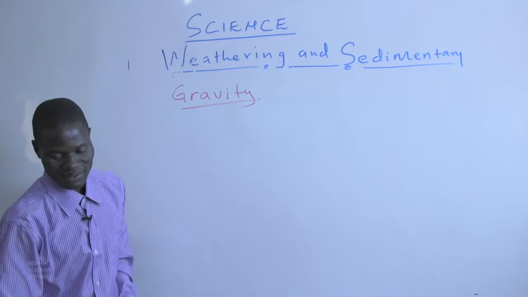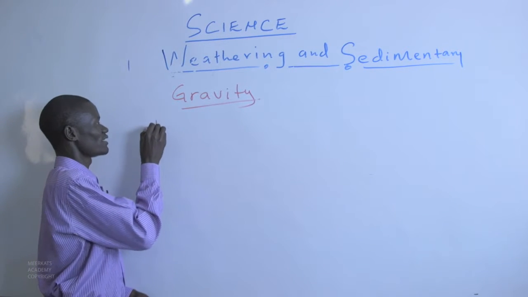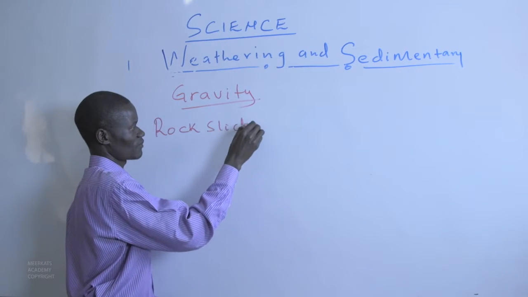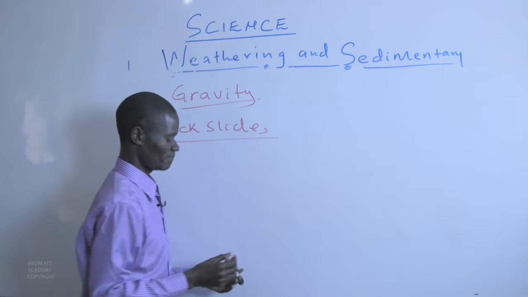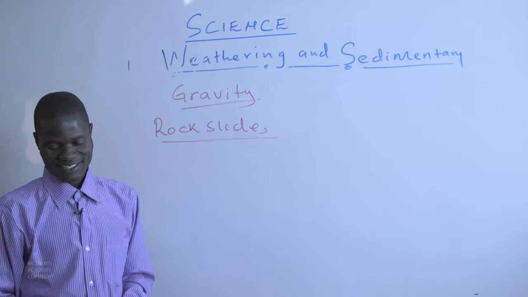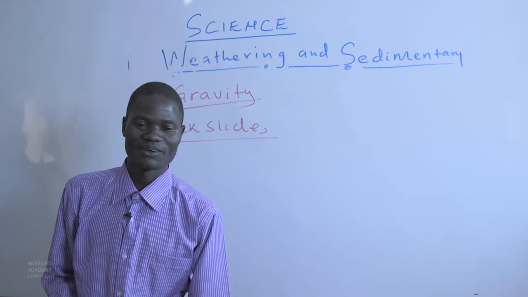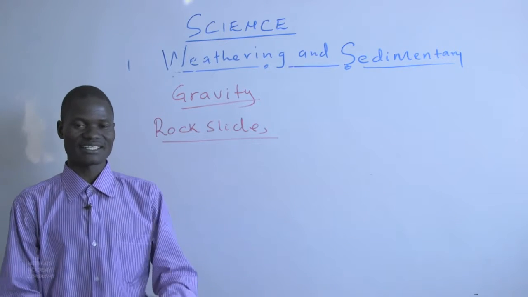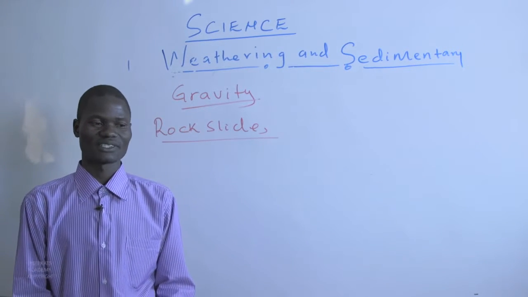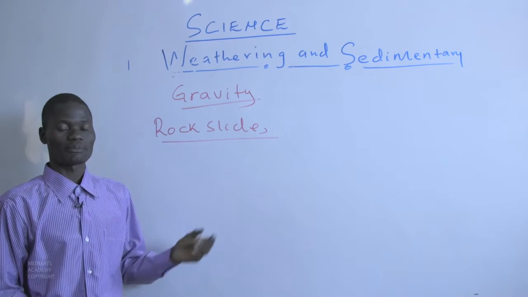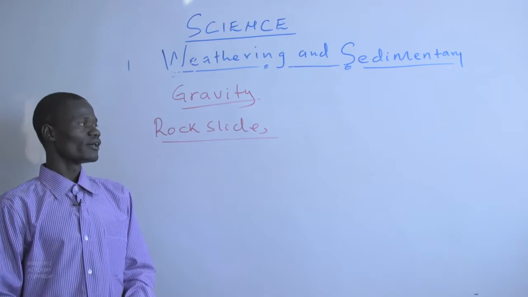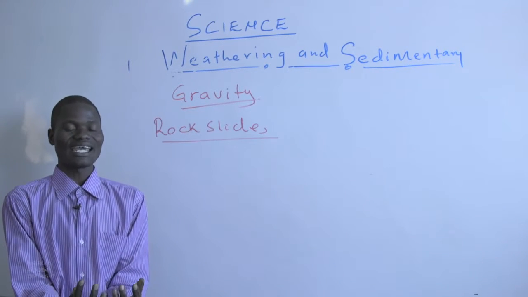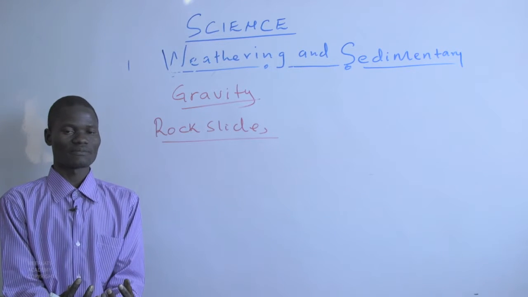Let's look at another part. We'll also have the rock slide. Sometimes during an earthquake and other tremors, the crustal rocks are shaken. After the weathering process, there are rock debris that are broken down either chemically or physically.